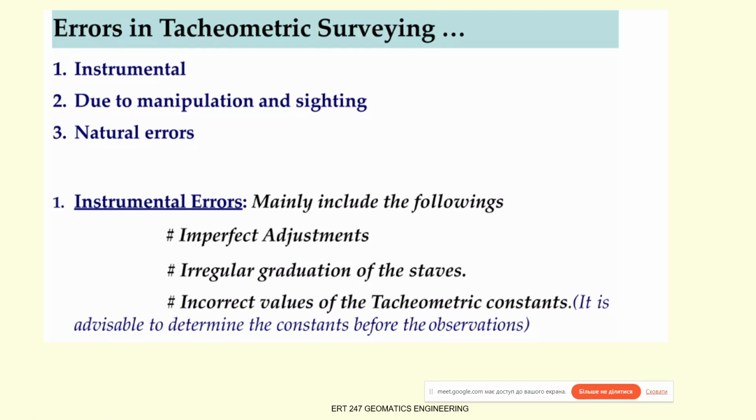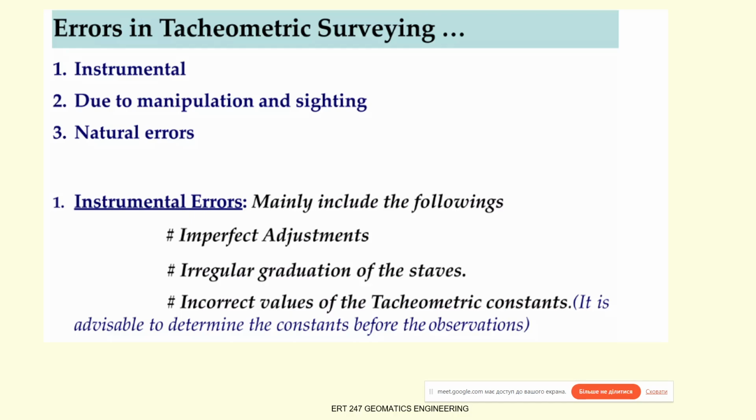Errors in tachyometric surveying. We have three kinds of errors: first of all instrumental, then errors due to manipulation and sighting, and natural errors.